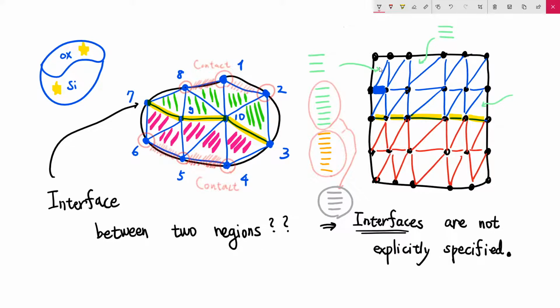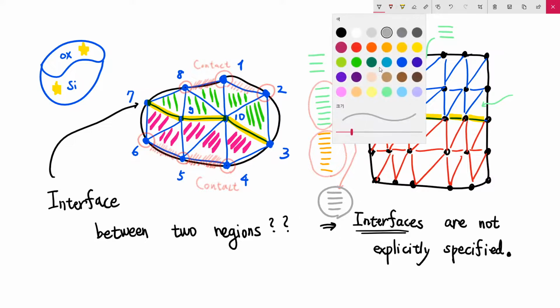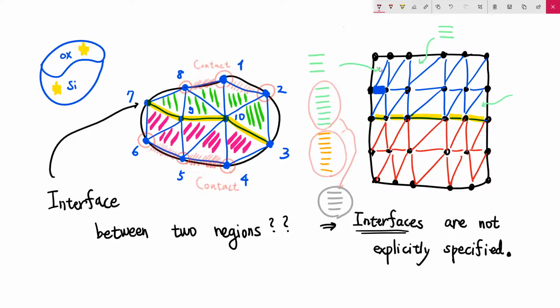Okay, so sounds quite straightforward. However, you have to be a little bit more careful about that. For example, think about this one. Let's say that this is vertex number 1, vertex number 2, and this is 3 and 4.